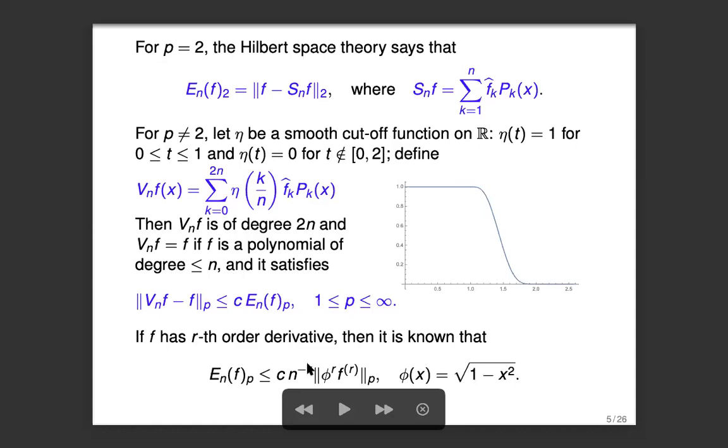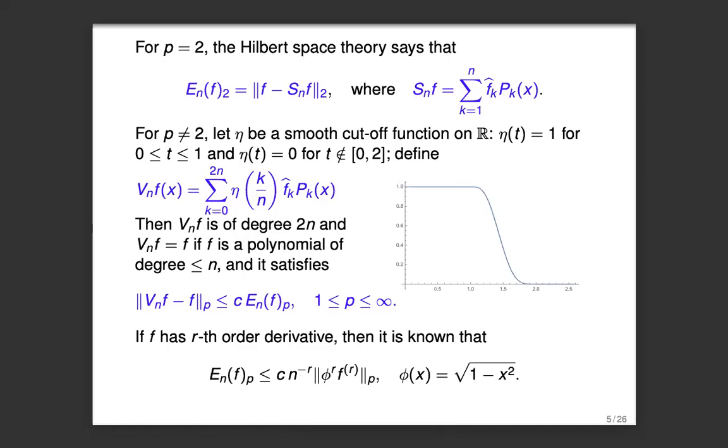So there's a trade-off between approximation order and smoothness. For every order of derivative, you gain a factor of n to the negative power. So you get this order, and this is the order you can get for smooth functions.